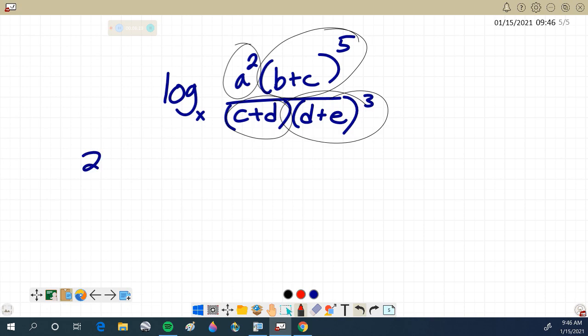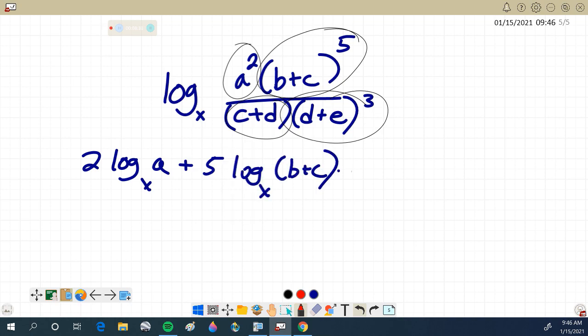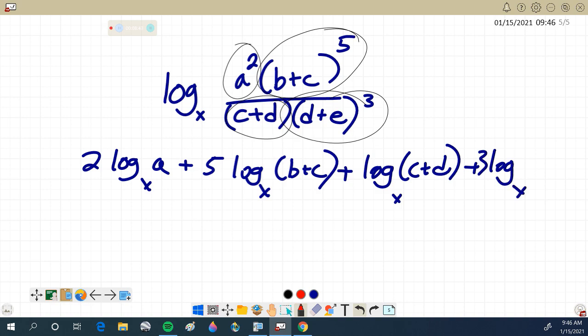So 2 log base x of a plus 5 log base x of b plus c plus log base x of c plus d plus 3 log base x of d plus e.